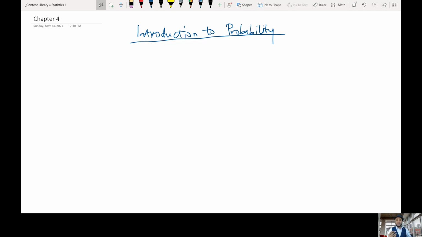Now, if something has a low probability, what does that mean? If something has a low probability, it means that it's rare, it's unusual, it's unlikely to happen. If something has a high probability, it means that it is usual, it is likely to happen.